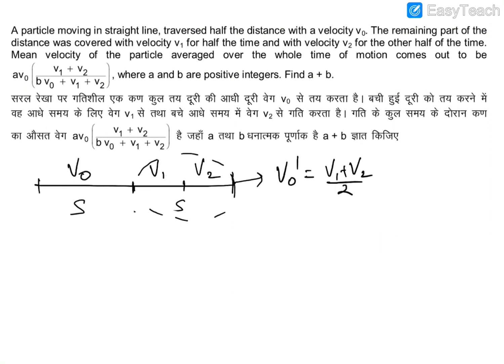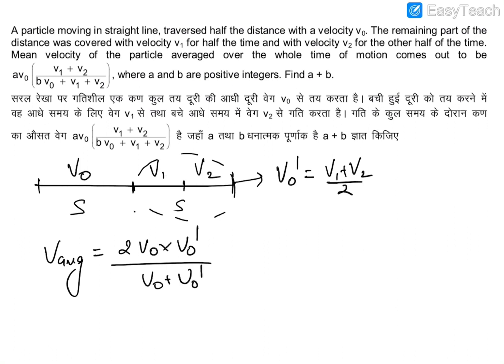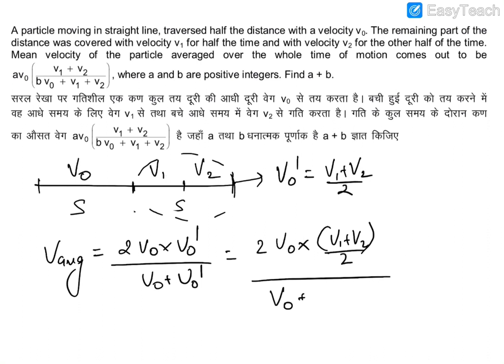And in the total journey, distance has been divided into two parts. Therefore V average would be equal to 2 V naught into V naught dash upon V naught plus V naught dash. So it would be 2 V naught into V1 plus V2 by 2, divided by V naught plus V1 plus V2 by 2.